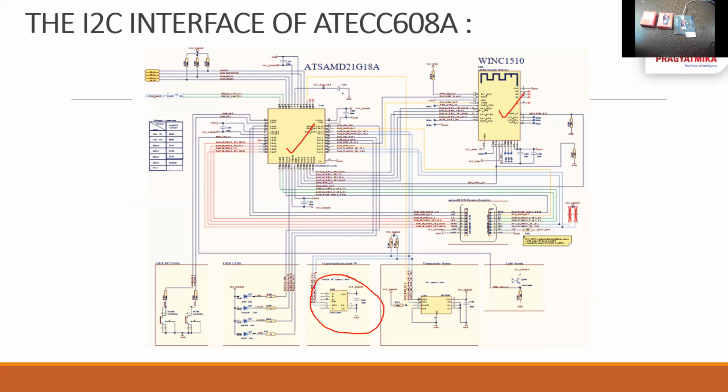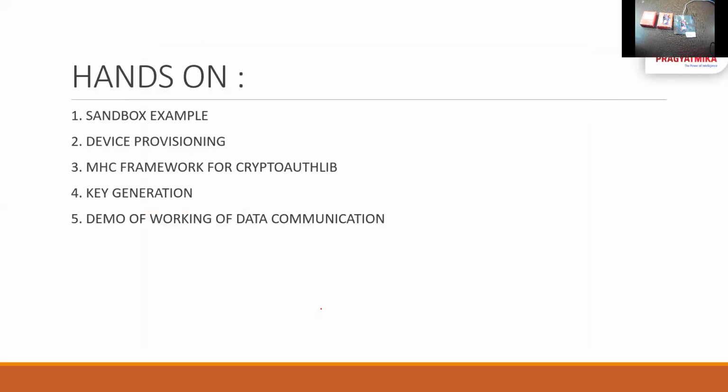If you can see this communication, the two-wire I2C communication line is coming throughout this. This is the SCL and SDA. So two-wire communication is happening between this ATECC and the SAMD21 microcontroller on this development board. This is the I2C protocol that we are using.